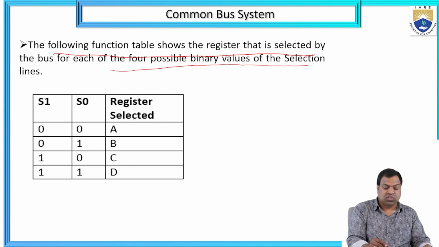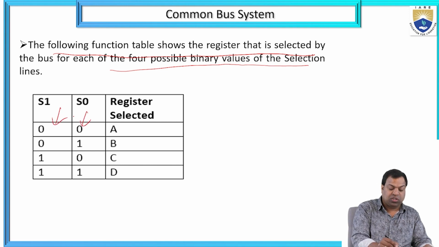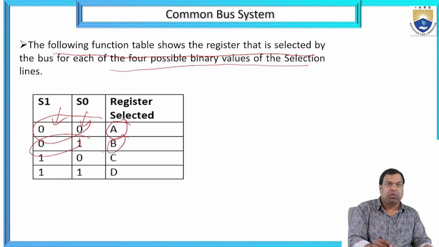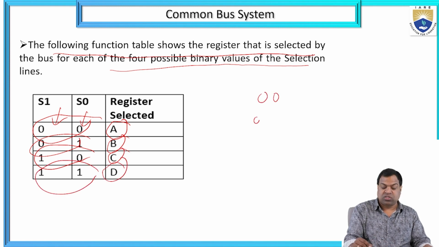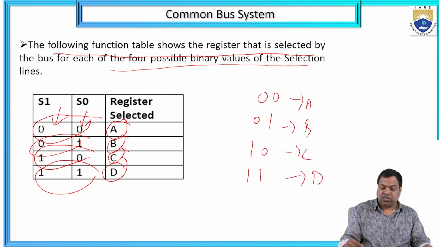S0 equal to 0, S1 equal to 0, 0, 0, register A will be selected. 0, 1, register B will be selected. 1, 0, register C will be selected. 1, 1, register D will be selected. 0, 0, 0, 1, 1, 0, 1, 1: A register, B register, C register and D register.